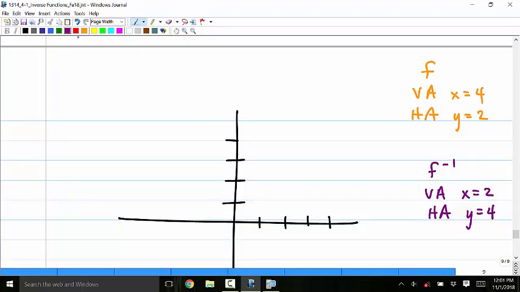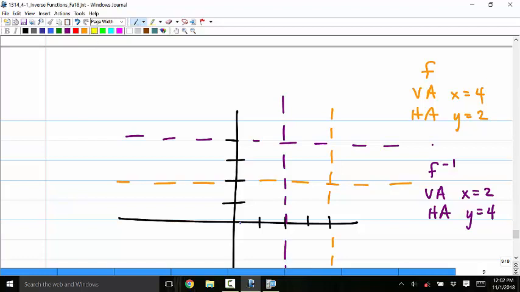So the vertical asymptote at x equal 4 became a horizontal asymptote at y equal 4 on my inverse. For my original function, I had a horizontal at y equal 2. What did that become on my inverse? A vertical at x equal 2.